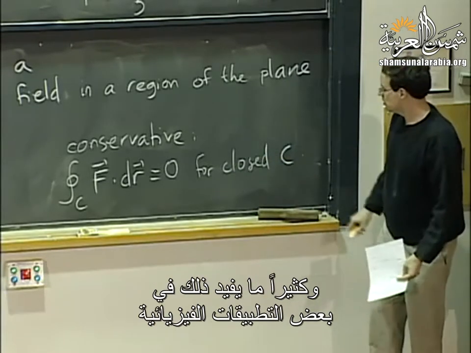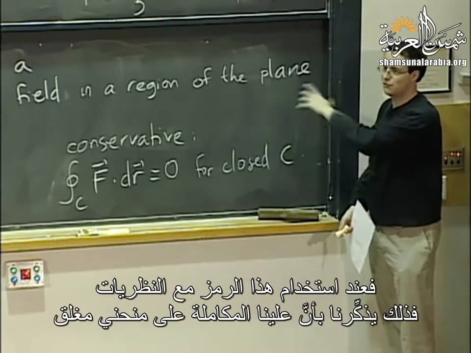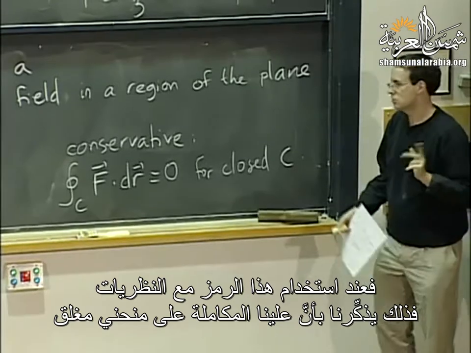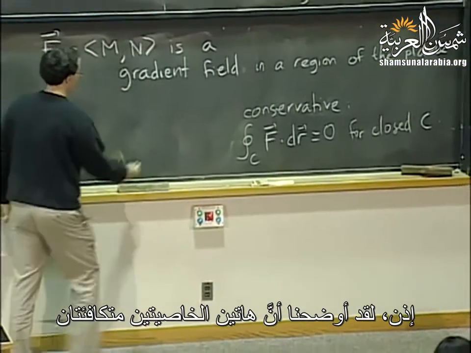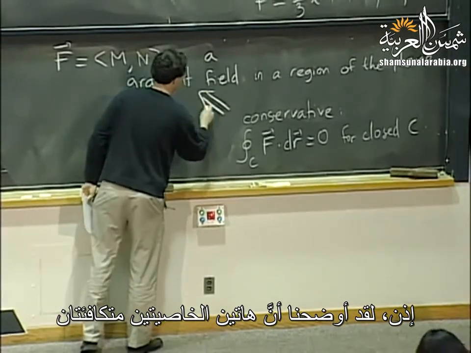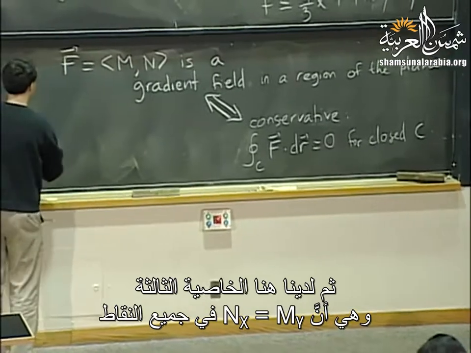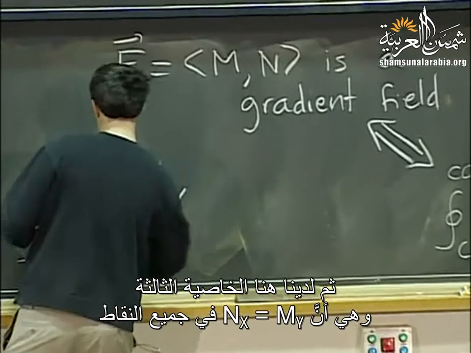It's actually useful for various physical applications, and also, when you state theorems in that way, it reminds you that you need to be on a closed curve. And so we've said these two things are equivalent. And now we have a third thing, which is n sub x equals m sub y at every point.